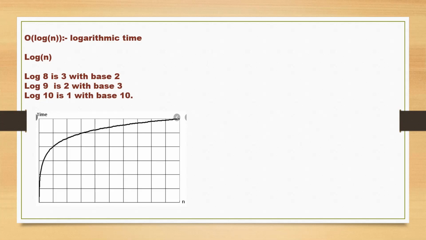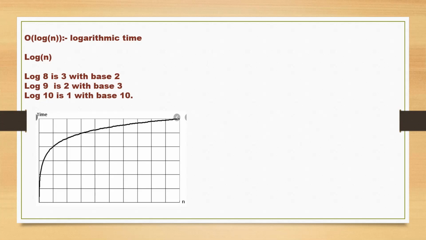So if you want to find out log 8 to base 2, we need to find the power: 2 power 3 is 8. So for the log of 8, the answer will be 3, because the base is 2 and we raise 2 to the power 3, then the answer would be 8.